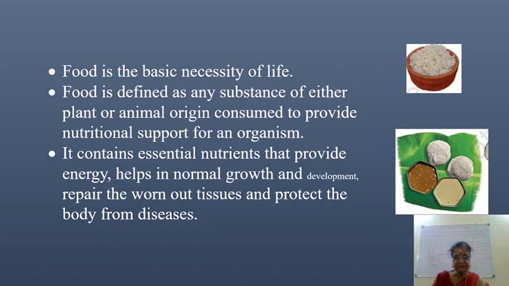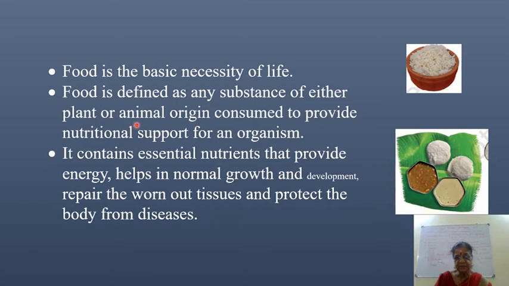Now see this image as definition for food. As food is the basic necessity of life. Food is defined as any substance of either plant or animal origin. Plant or animal origin, they are as plant sources or animal sources. That means plant sources na plant and plant parts or plant products.